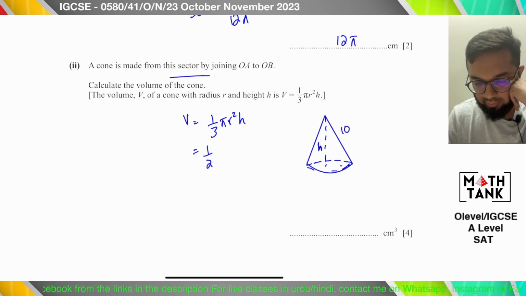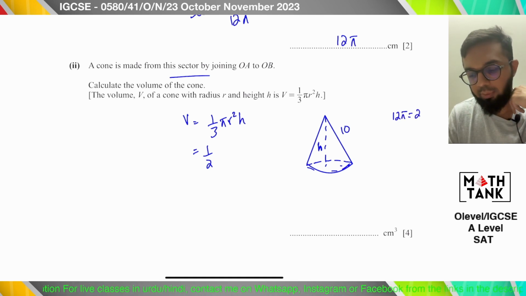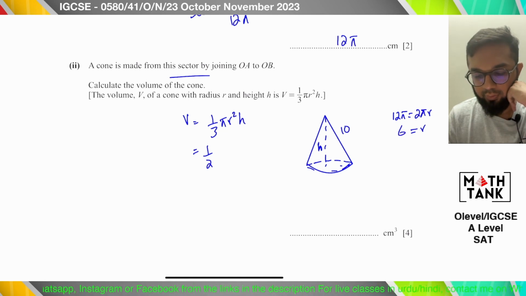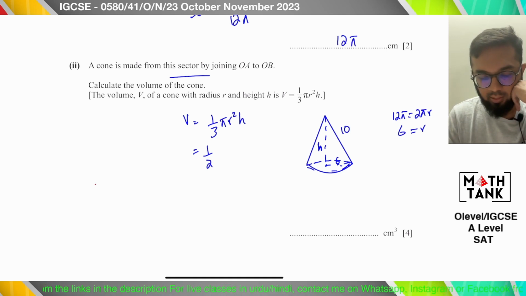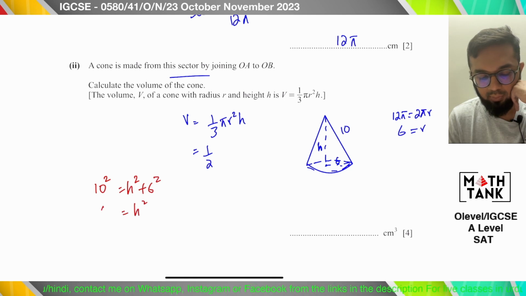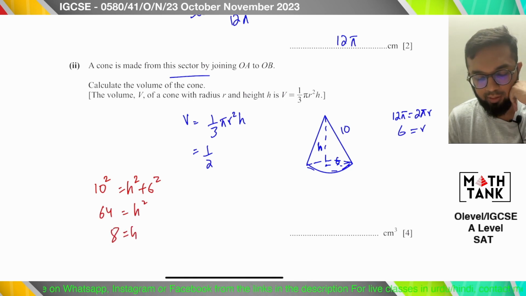And the circumference of base is 12 pi. So 12 pi can be broken up into 2 pi r. So I get r as 6. So the radius of this has to be 6. Now if I want to find out h, I can find out h. So I get h square equals to 64, h equals to 8.